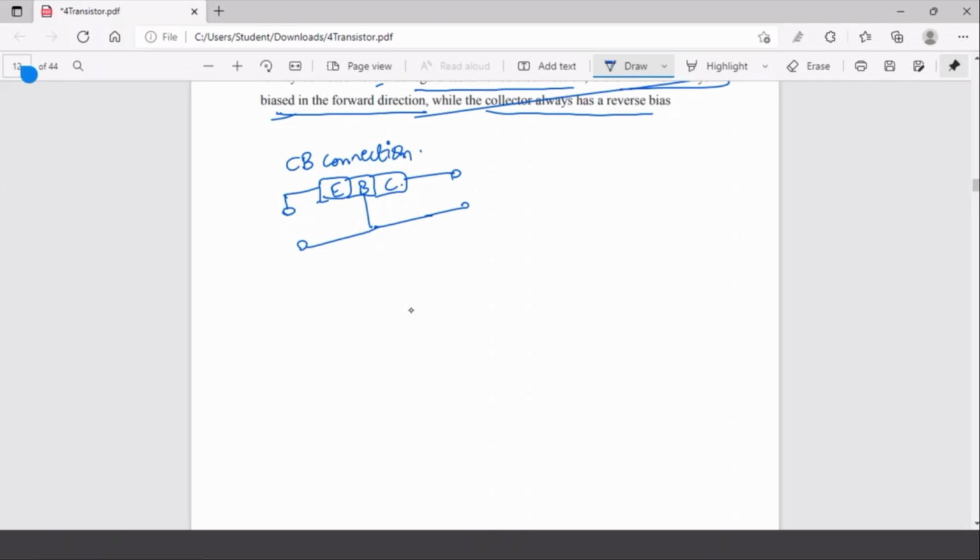Similarly, if the emitter is common, we have collector, base and emitter. Between base and emitter we apply the input, and between collector and emitter we take the output. This type of connection is known as a common emitter configuration.